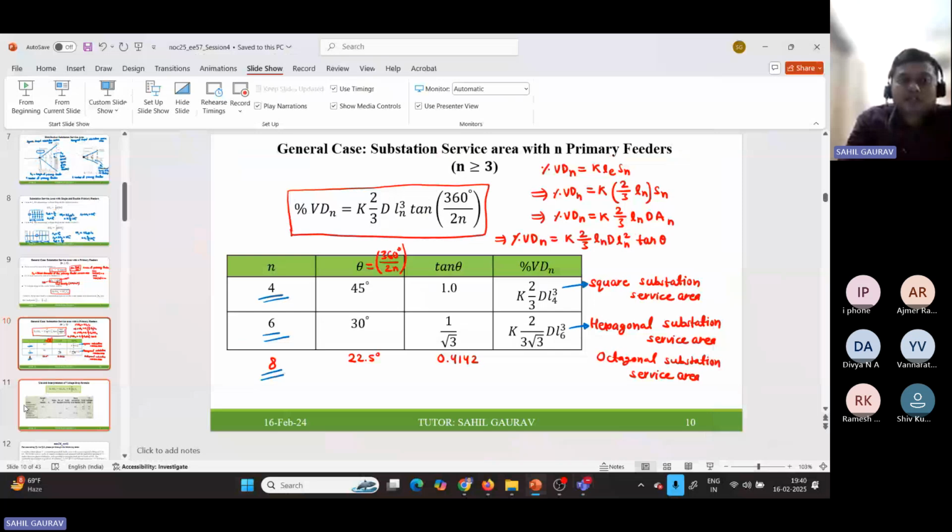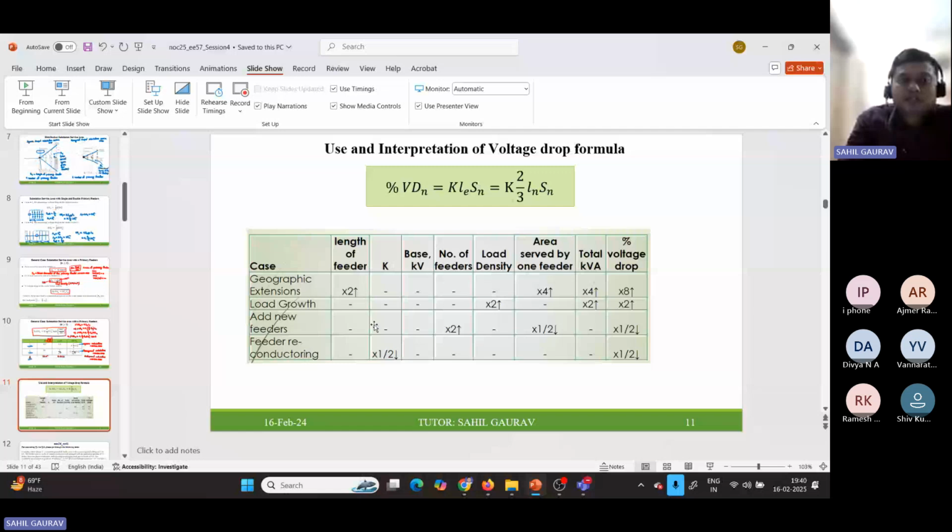Some problems are also based on this table, where we have to interpret this voltage drop formula, meaning how this voltage drop will be affected upon changing the length of feeder, the K constant, the number of feeders, or the load density. So if you change the length of feeder twice, then percentage voltage drop will be 8 times. And if your load density is twice, then percentage voltage drop is proportional to load density, so it is also twice.